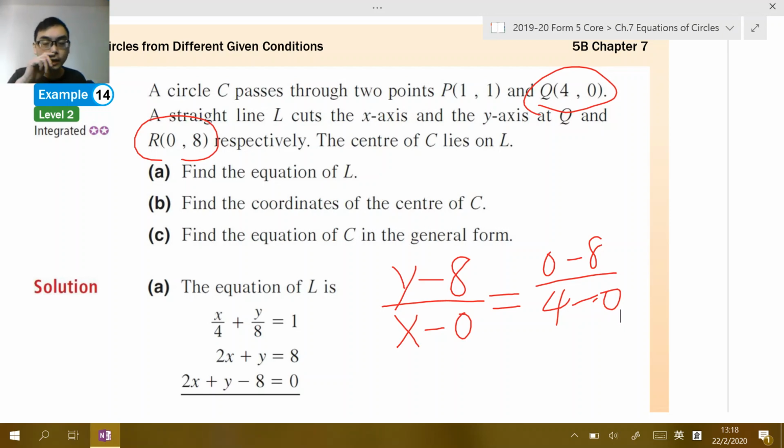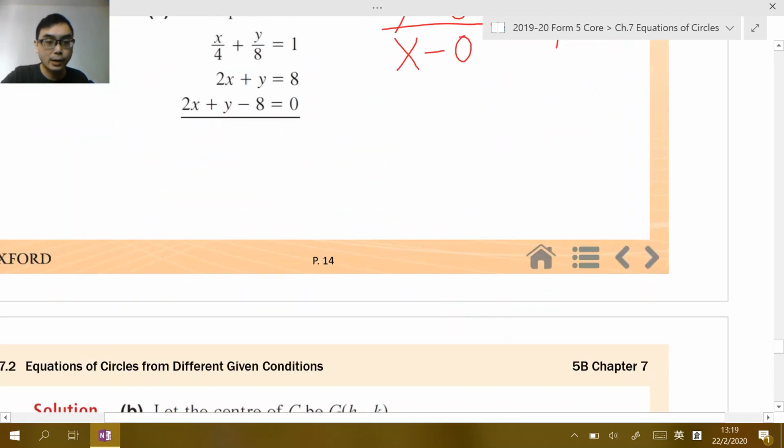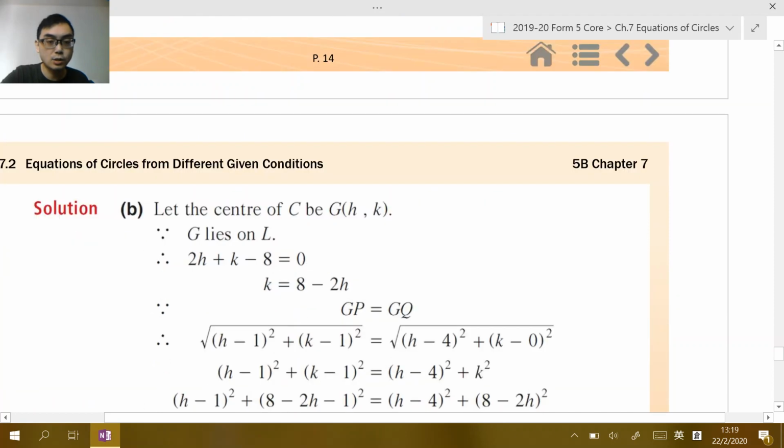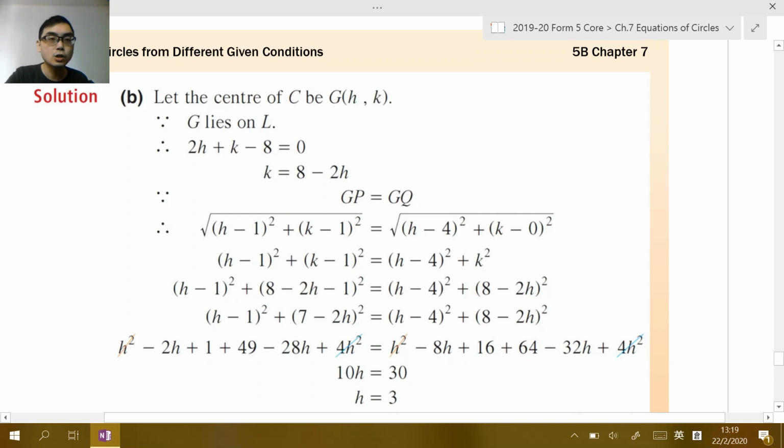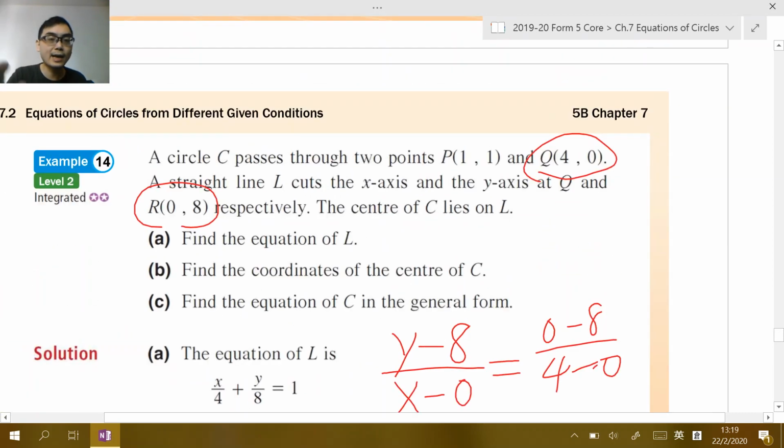Then actually, you can also see the center lies on L. That means that if you illustrate part B this question to C, you actually know nothing at all, because we don't know where the center is, and we don't know the radius of the circle. We just know that there are 2 points on the circle, and this circle would form a center, and this center would lie on another line L also.